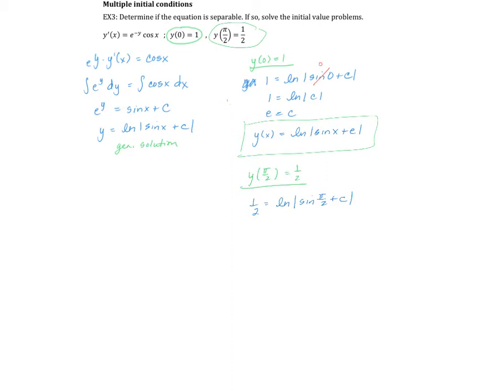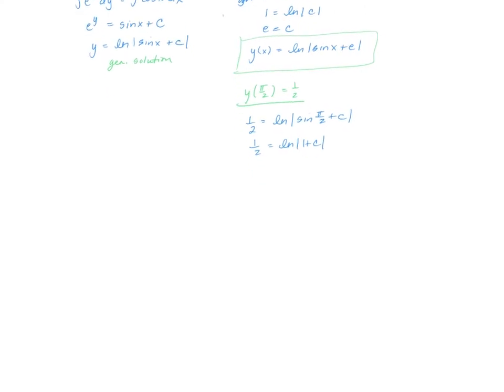So we have 1/2 is equal to the natural log, sine of pi over 2 is just 1, of 1 plus c. So exponentiating both sides, we have e to the 1/2 is equal to 1 plus our constant c. And then c is going to be equal to e to the 1/2 minus 1.